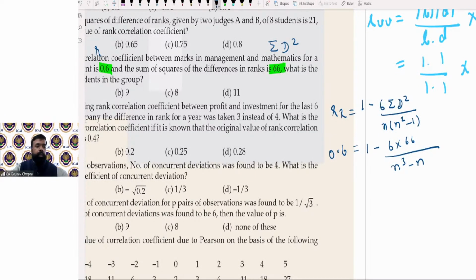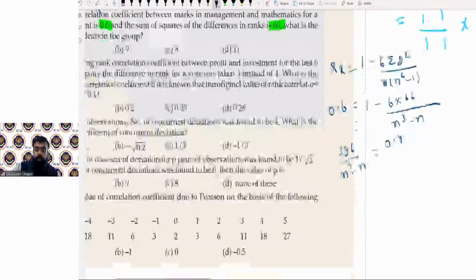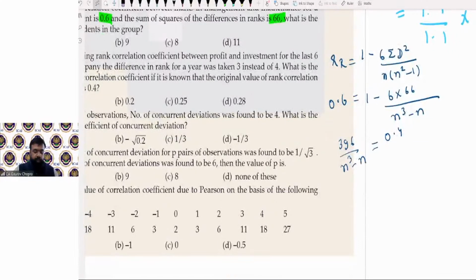So 6 multiplied by 66 is how much? 396. So 396 upon n cube minus n is equal to 0.4. So n cube minus n is equal to 990.